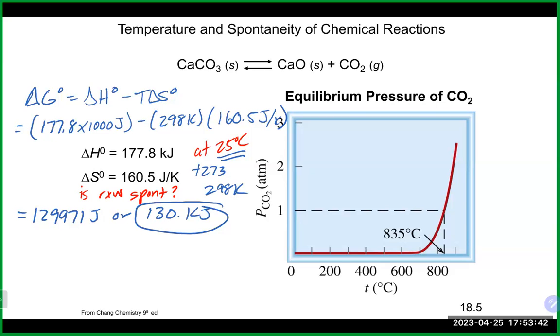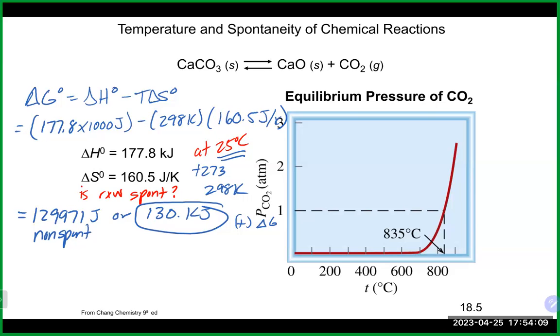Any questions on that? Is this reaction spontaneous at 25 degrees Celsius? The answer is no, as our delta G value here is positive, meaning non-spontaneous at 25 degrees Celsius.